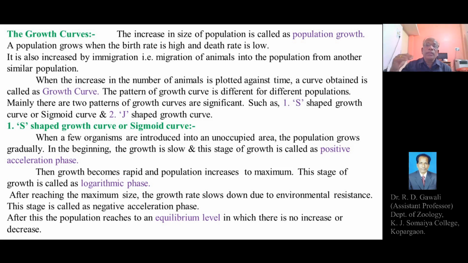After this, the population reaches the equilibrium level, or a stable number or stable level in which there is no increase or decrease in the population number. So this particular phase is called the equilibrium level.